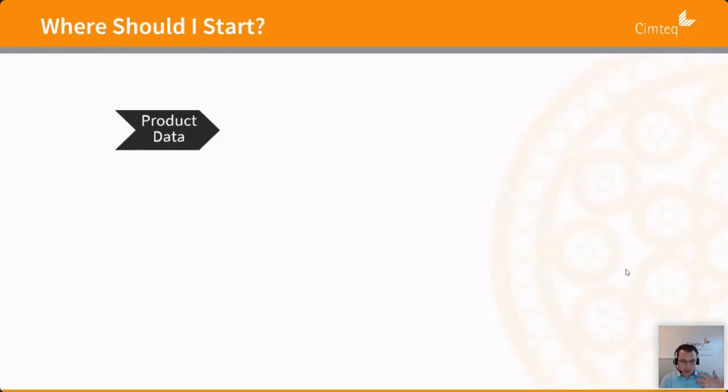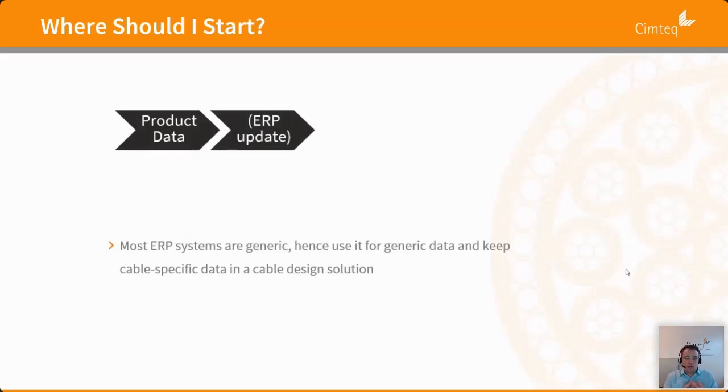And if you start with the product data, it means that your product information, your master data is accurate, top-notch, and accessible. We don't need to talk about installing an ERP. Most customers have ERPs. I haven't seen one that doesn't have an ERP yet. But a lot of people think about ERP updates.